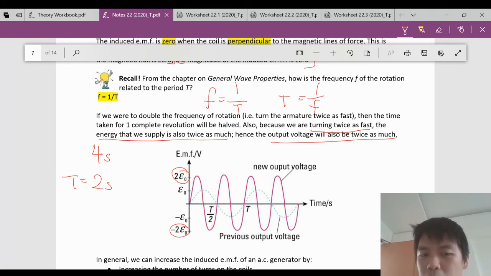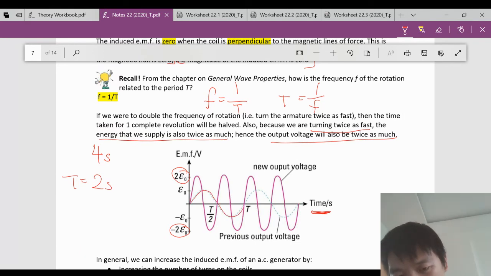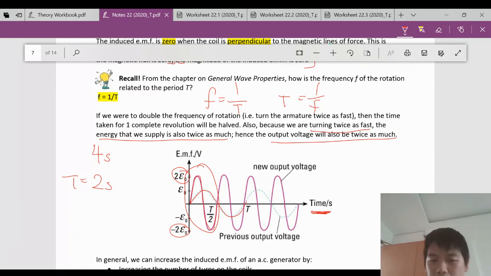What else? Because you turn twice as fast, remember that this is a period on your x-axis. Originally this is your amount of time needed for one revolution, but because now you're moving faster, we now look at this line here. So now you can see that your wave is half the duration.